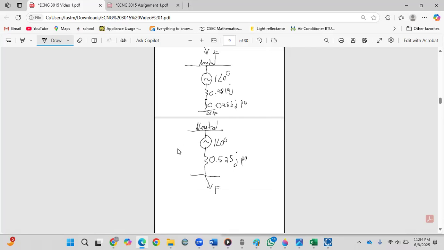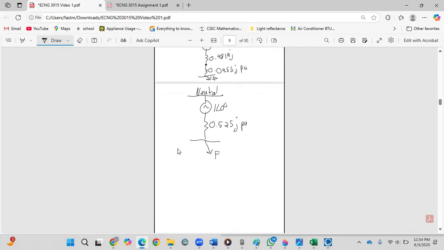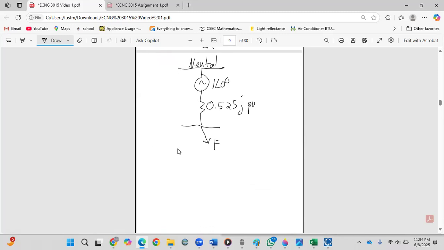That'll be the equivalent. So now if you want to actually get the per unit fault current, I short circuit per unit is 1 on Z per unit, the equivalent. So that'll be 1 on 0.525 J.